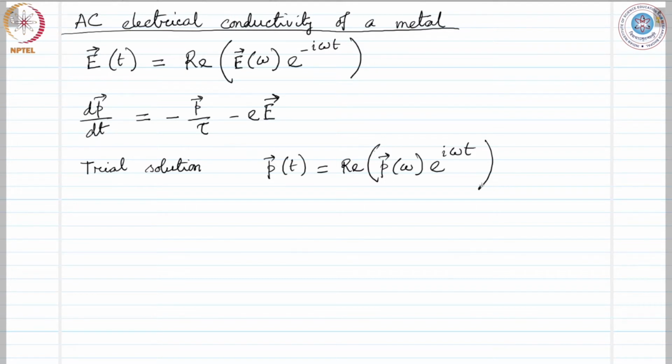Substituting this complex p, not the real part, this entire complex quantity, and the complex E, this entire quantity, not just the real part, into the differential equation, we can obtain something useful and then take the real part to get the physical quantity. That is a standard approach that you have seen elsewhere, maybe including other properties of electromagnetic waves.